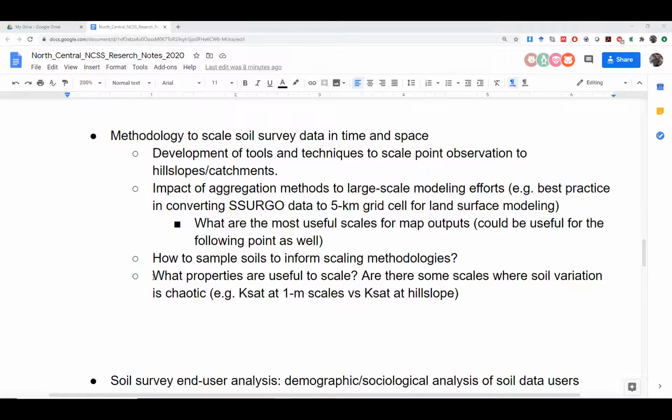And again, it was brought up a really good point about, at some scale, soil variation essentially appears chaotic. The hydraulic conductivity measured at sub-meter scales varies almost randomly. Yet if we look at the hill slope scale, we might have some more spatial persistence in those measurements. So can we identify which properties are scalable, which properties are unscalable, and then in which environments those scaling relationships hold true?